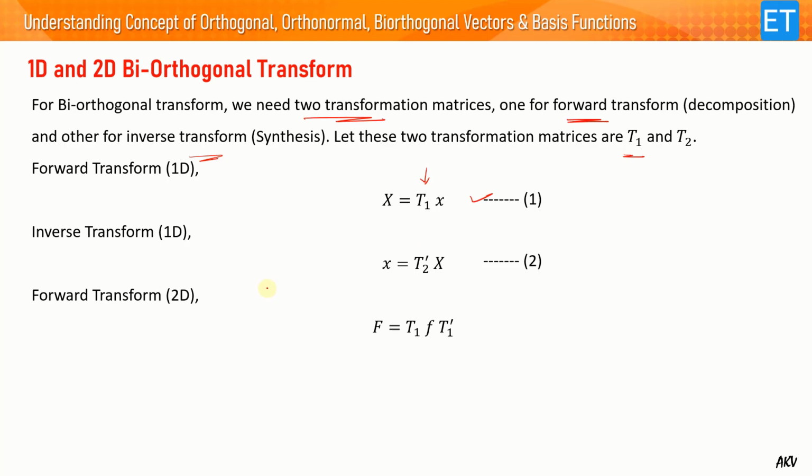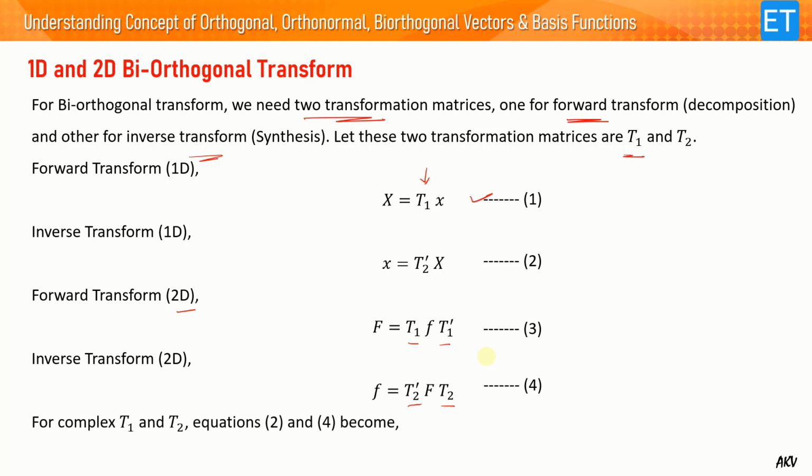Okay, so if your signal is two-dimensional, then the forward transform equation will be like this. T1 for forward transform, and for inverse transform you will use T2, another transformation matrix. And if your T matrix is a complex matrix, made with complex orthonormal basis functions, then equations 2 and 4 will be changed.